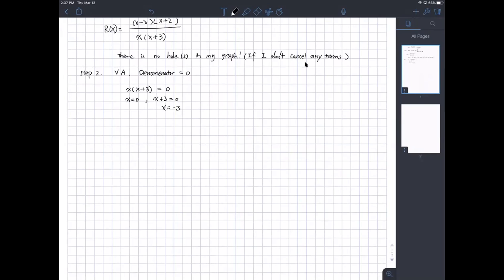From here, I'm going to start to construct my graph since I have my vertical asymptotes. For my graph right here, I have this x and a y, and I have my vertical asymptote.